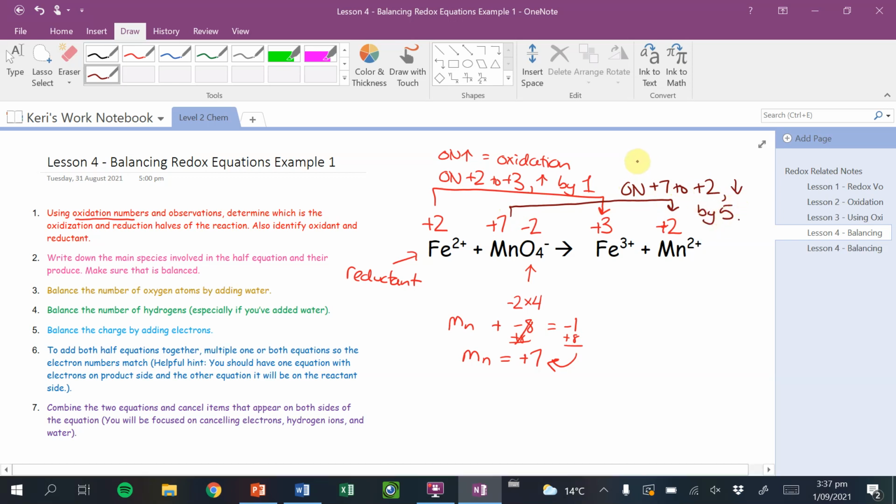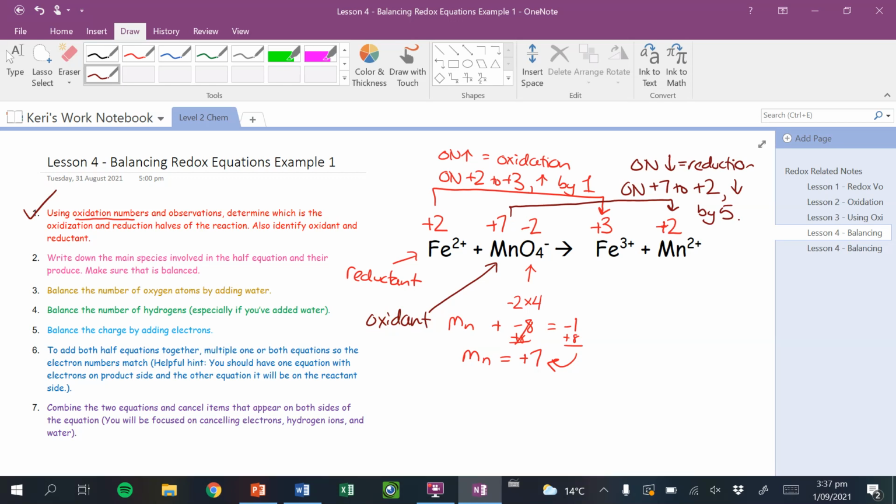This tells me that the oxidation number has gone down, so that is my reduction reaction. Let me get that spelled correctly for you. Making my permanganate the oxidant. So that's my first step done. I figured out what reaction's what, and then I've done my labeling.